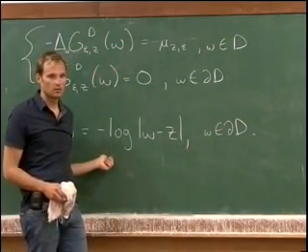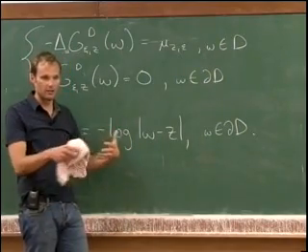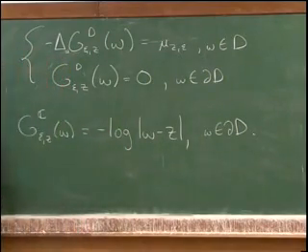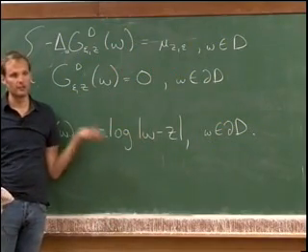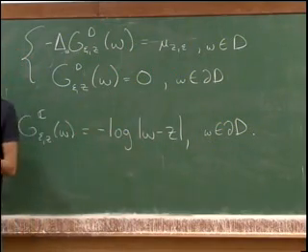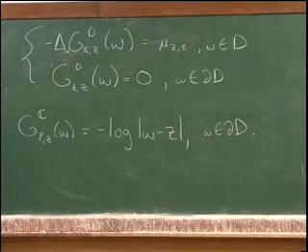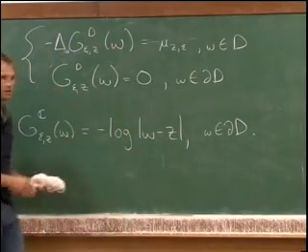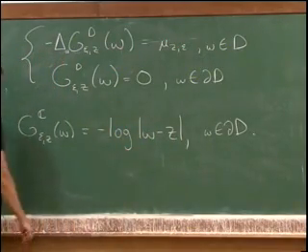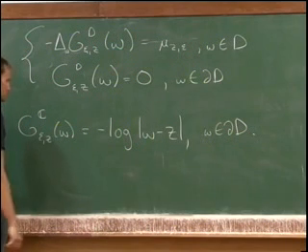But like I said, it's harmonic on the inside. So what's the function that has these boundary values and is harmonic on the inside? It's just the harmonic extension of these boundary values into the interior of the domain. Let's just give that a name.